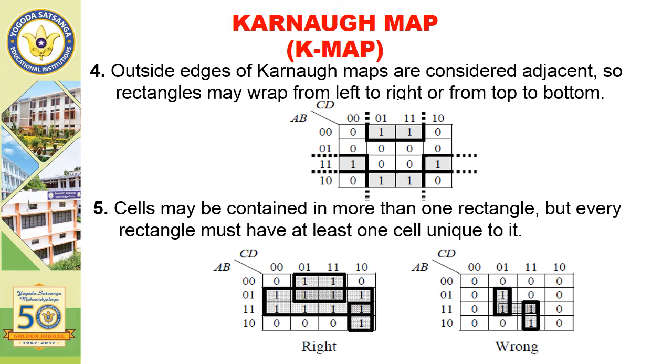In the wrong figure we see that if we create a horizontal rectangle, then no uniqueness of cell is present. So we must write as the figure shown on the leftmost, the right figure.